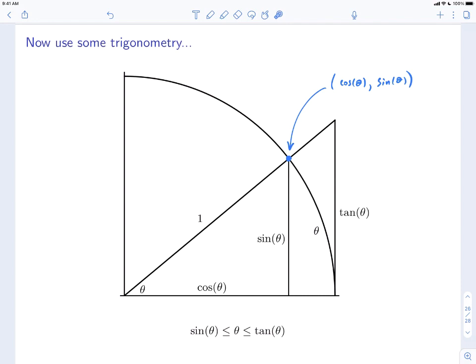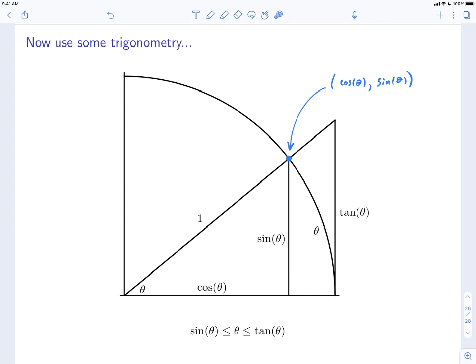So tangent of theta is equal to the length of the opposite side. This is where the term tangent gets its name, because it's equal in length to this line segment, which is tangent to the circle.